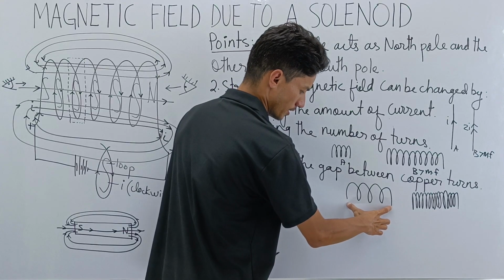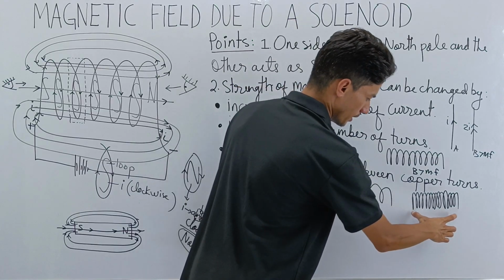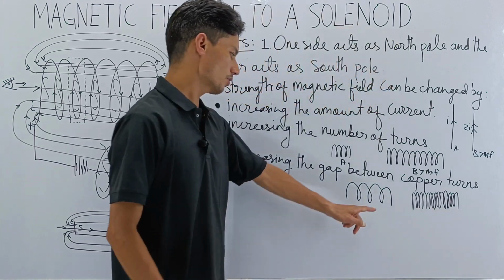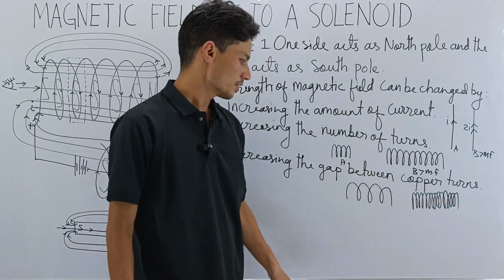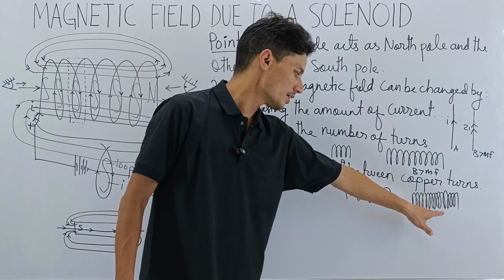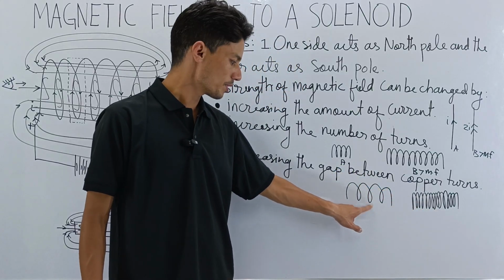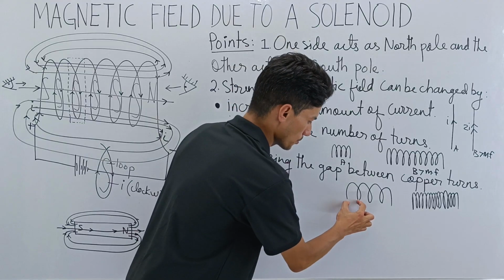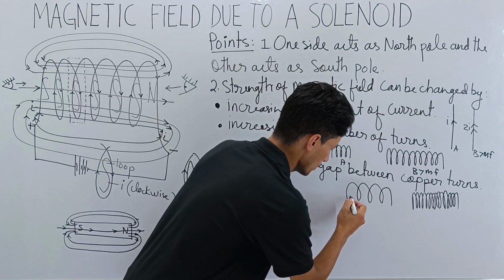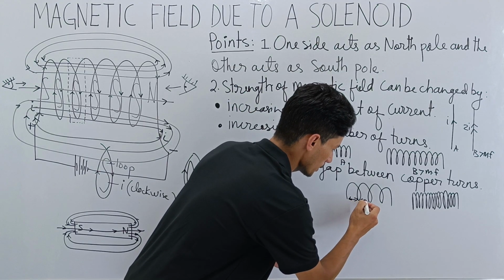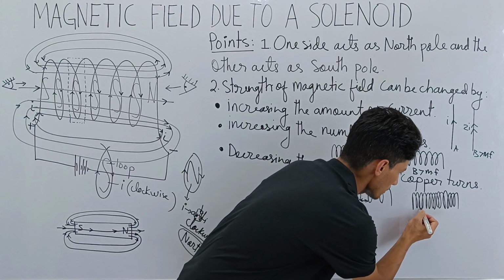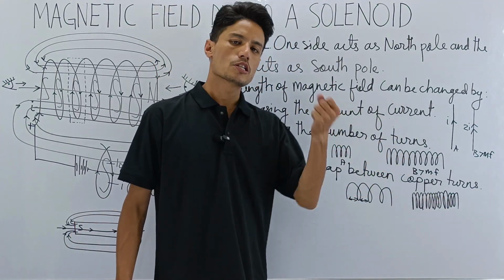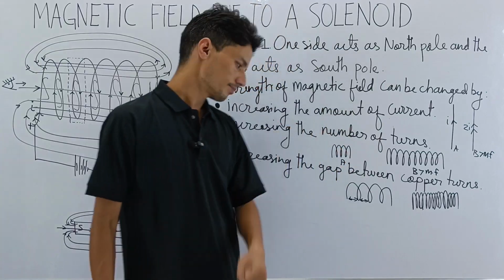Check out the length of the loop here and here: it is the same length, but I'm getting more turns here and fewer turns here. Why? Because here the gap is way bigger, and here the gaps are very small. So if we decrease the gap, then we produce a stronger magnetic field.